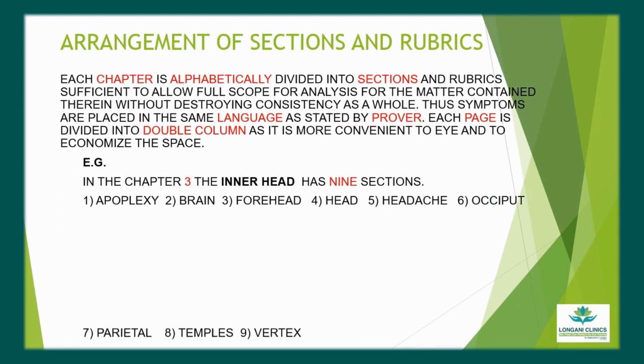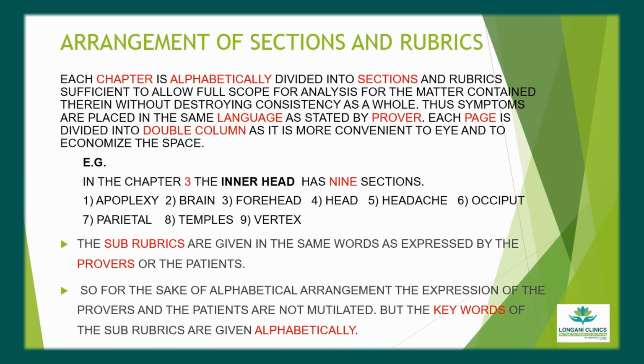Arrangement of sections and rubrics. Each chapter is alphabetically divided into sections and rubrics sufficient to allow full scope for analysis for the matter contained therein without destroying consistency as a whole. Thus, symptoms are placed in the same language as stated by prover.